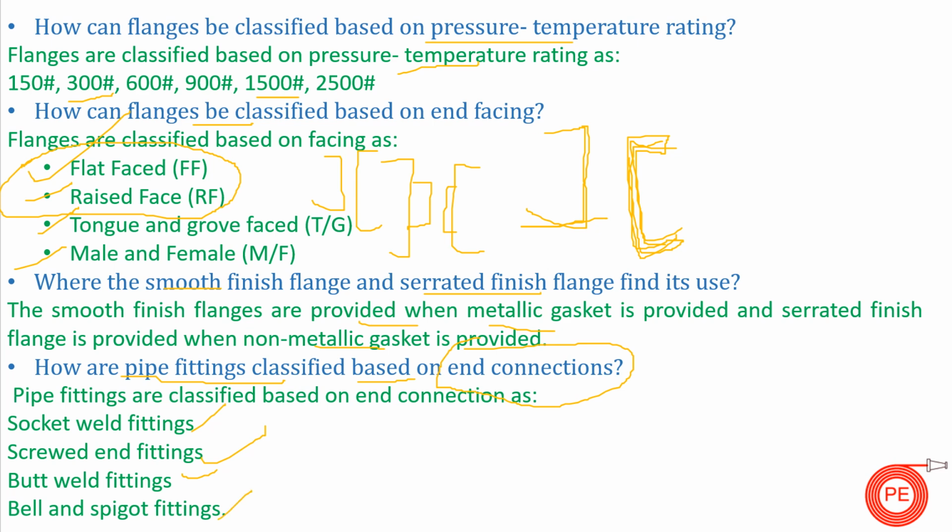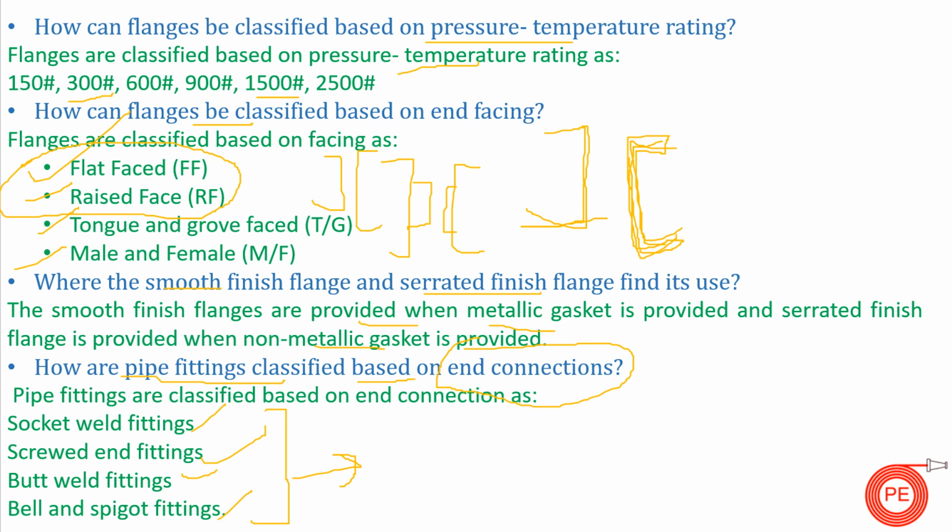These four types will be applicable in the cases of valves, flanges, and fittings also. So the same question can be answered for three different types of components that we use in our piping system.